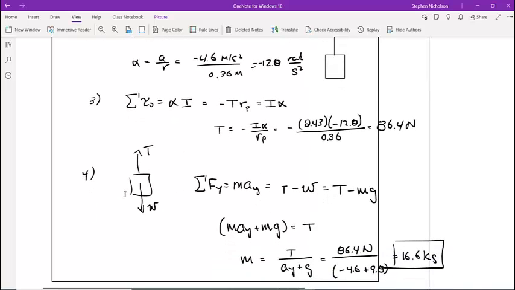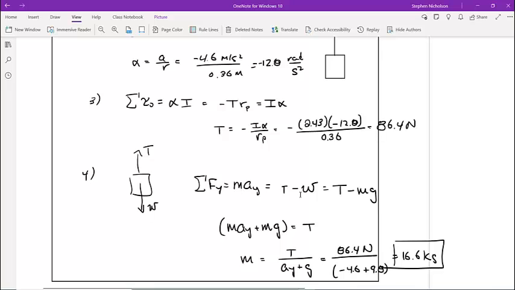And then you can look at the hanging mass. So we have the tension of the string pulling up, we have the weight pulling down, and they're not going to be equal because it's falling. The difference between the two is the mass times the acceleration. So we know the tension, we got that in the previous step.